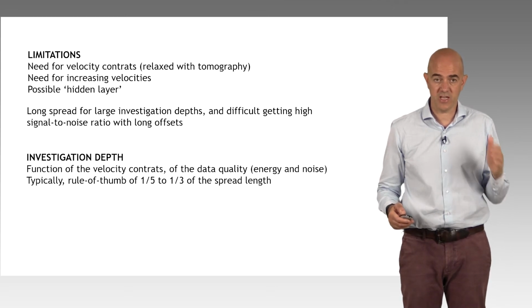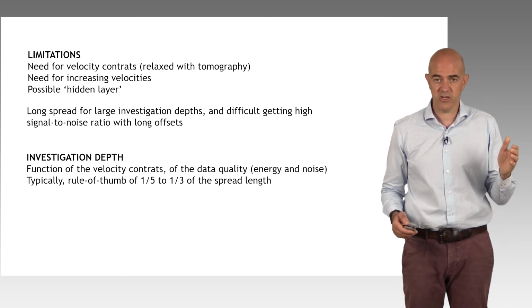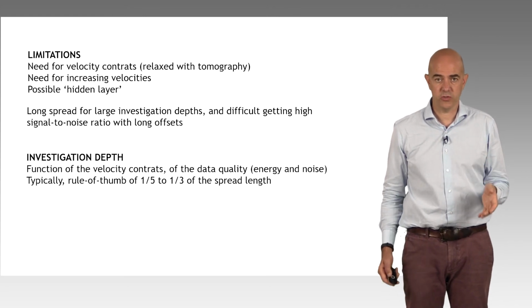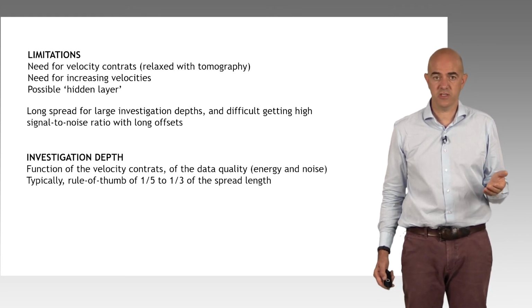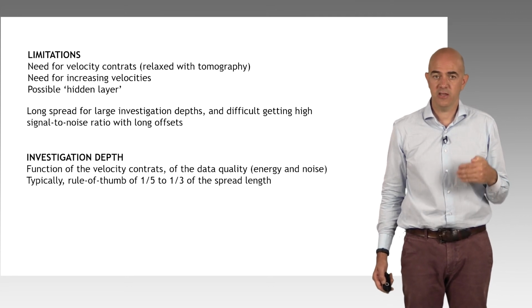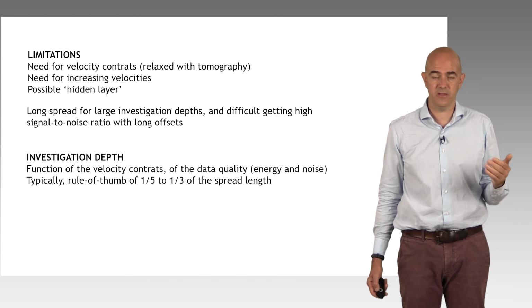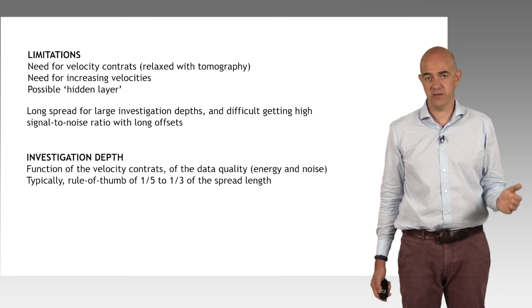It's also that we need to send energy with enough signal-to-noise ratio up to this longest offset. And the energy of shear sources, of portable shear sources, sometimes is limited. And at noisy sites, it might be difficult to acquire data that will provide enough information to reach the desired investigation depth.